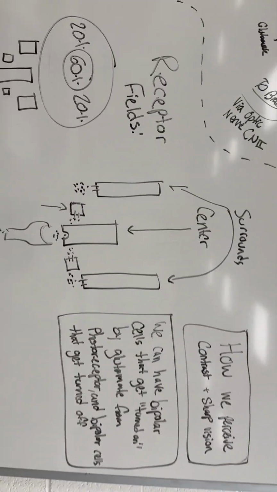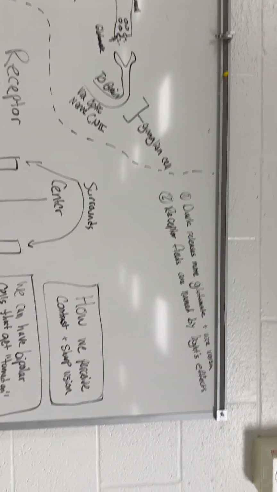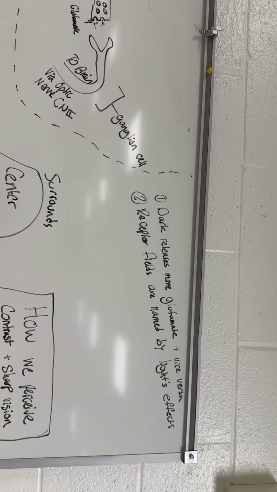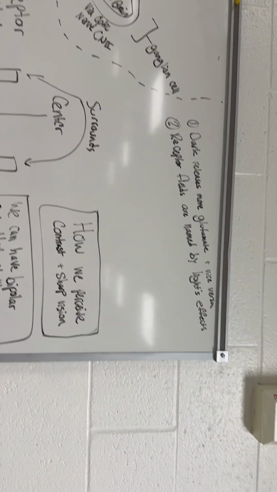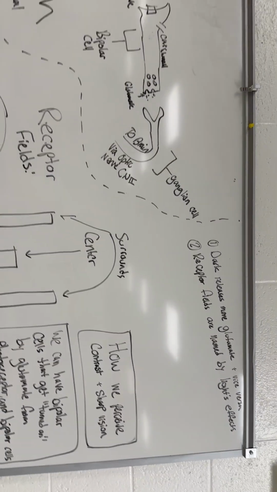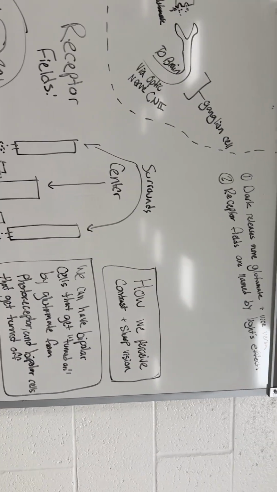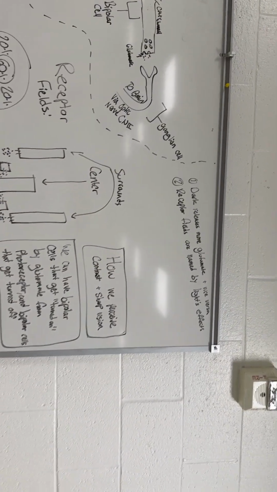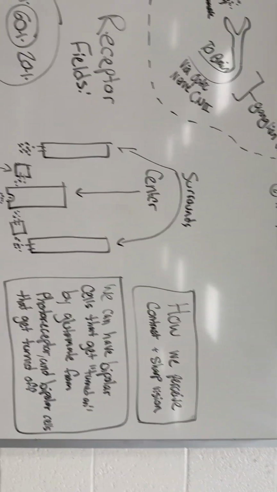So let's start with a couple rules here first. Dark conditions are always going to cause the release of more glutamate, and vice versa. Light conditions are going to release less glutamate onto the bipolar cell. And then our second rule is that our receptor fields are named by light's effects on them.